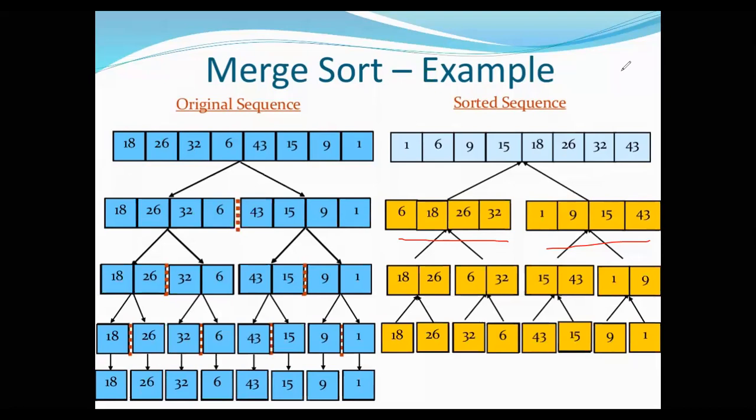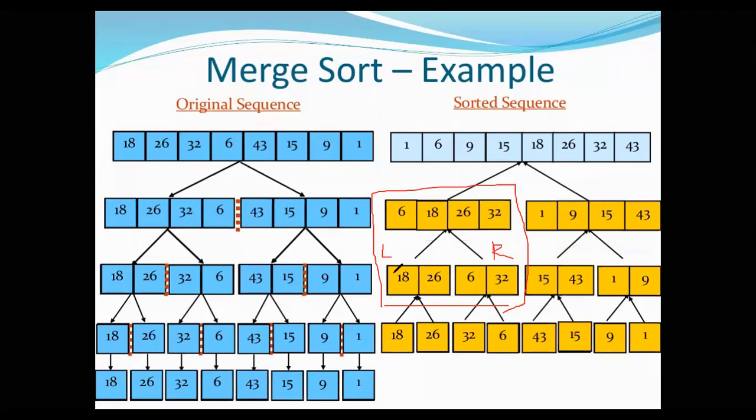Now let's assume that I will apply the merge function on these two arrays, and I will get this result. So in this part I will apply the merge function. This will be our left array, this will be our right array.